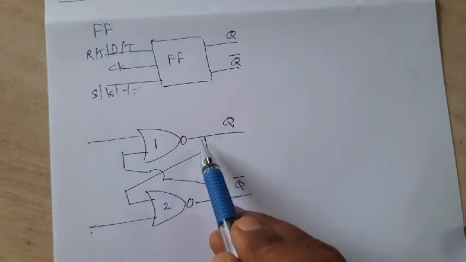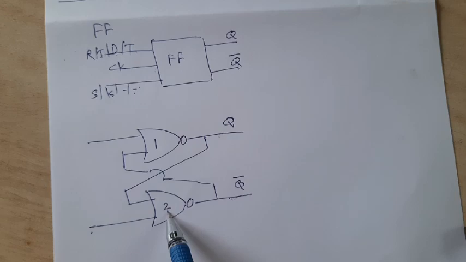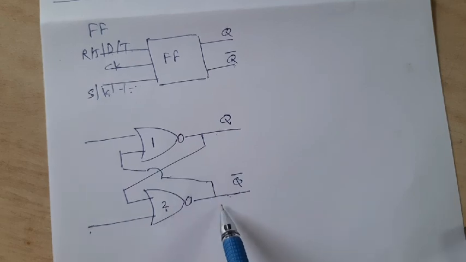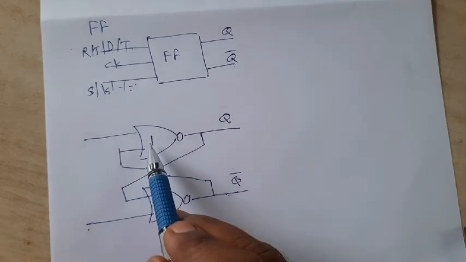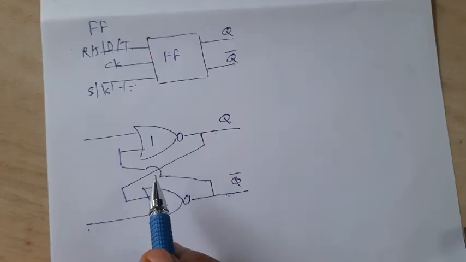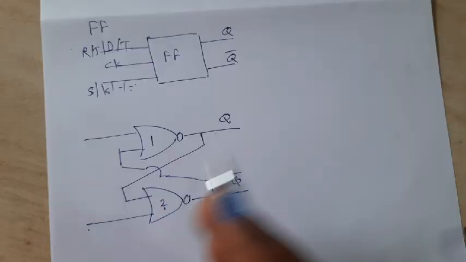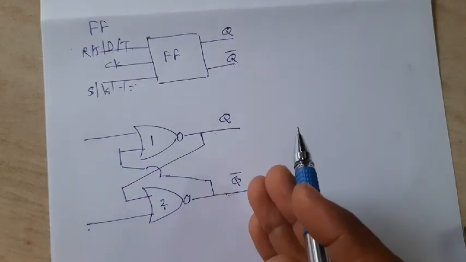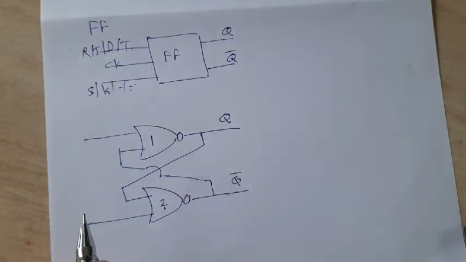This Q output acts as input for the second NOR gate, whereas the Q bar output acts as input for the first NOR gate. If it is so, then such a circuit is known as a sequential circuit. Why we call it a sequential circuit, we will discuss afterward when we discuss the T flip-flop, the toggle flip-flop. Then you will realize why it is called a sequential electronic circuit.